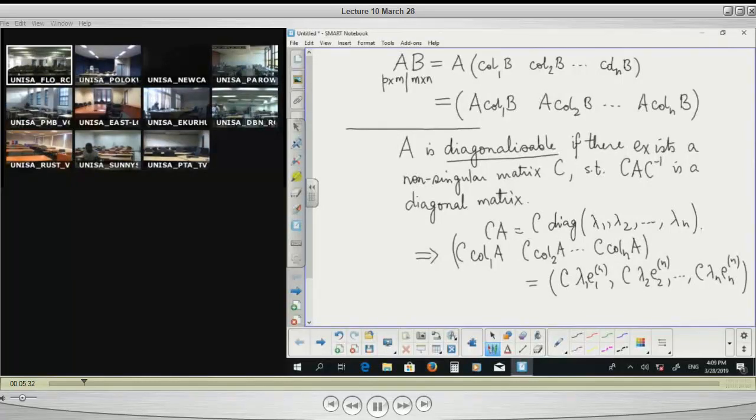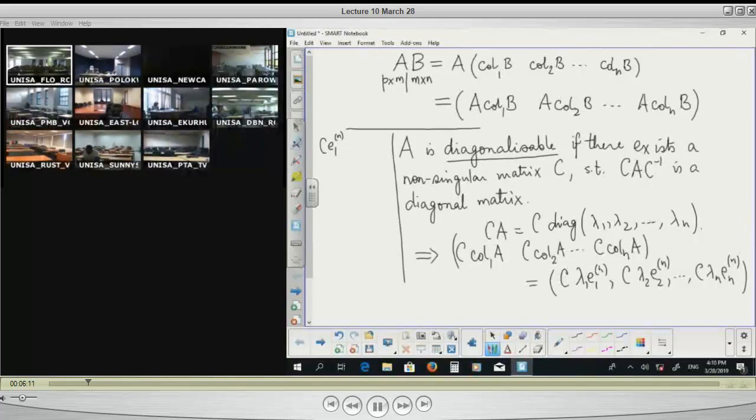Now let's have a look. What is this matrix? Any matrix times E1 is going to be an N cross 1 vector, right? What will it be? The first row, only the first element will come in. Second row, only the first element.